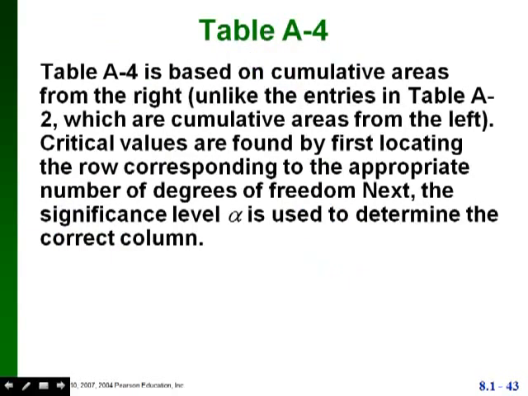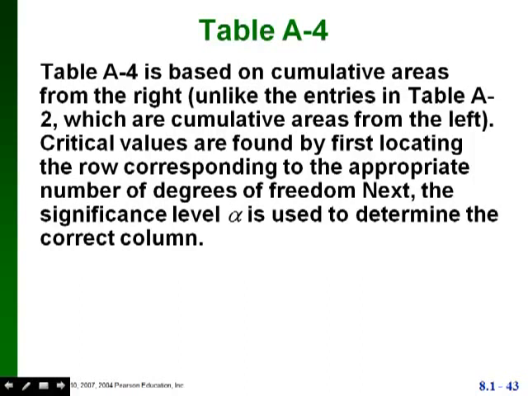There's a table for the chi-square distribution in the back of your book, or also available on Course Compass. And one of the different things with the chi-square distribution is that the table gives you cumulative areas from the right. Remember when we talked about the normal distribution, using the table for that gave you areas coming from the left. The chi-square distribution is exactly the opposite.